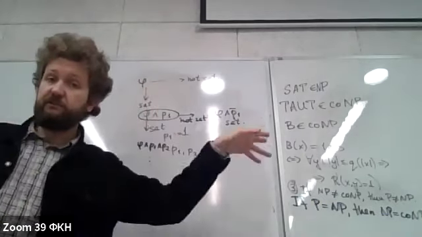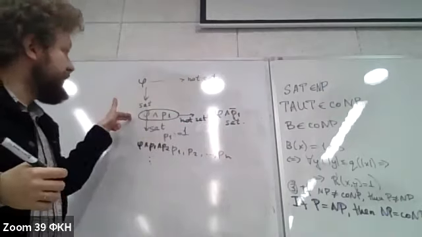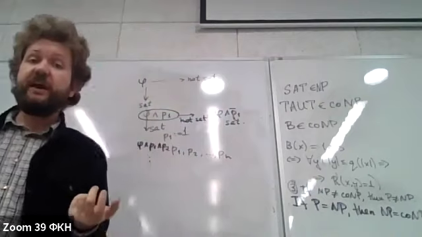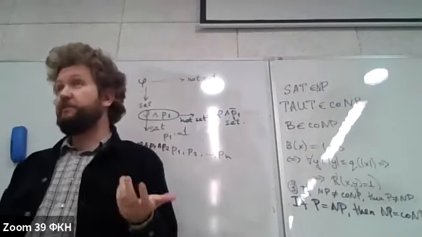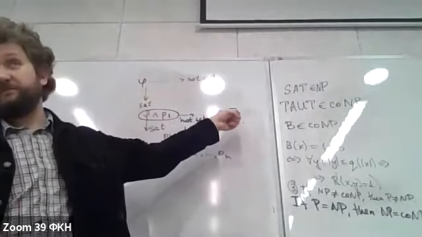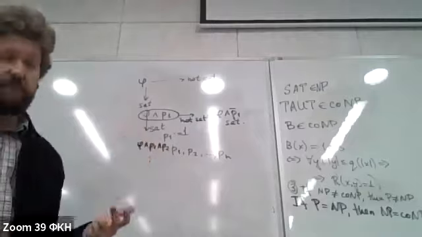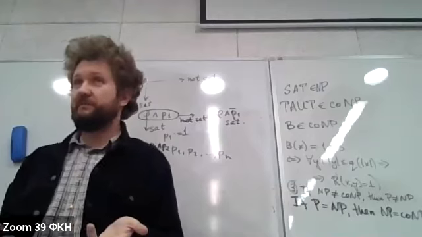If it were not satisfiable, we would just return that it is not satisfiable. But if it is satisfiable, then it has a satisfying assignment, and in such an assignment there is a value for P1. It's either 0 or 1. If it is not 1, then it should be 0. So we added that. Now we check it for satisfiability. Actually, we don't have to check it because we know that it is satisfiable.